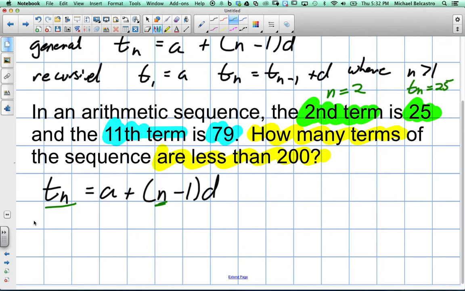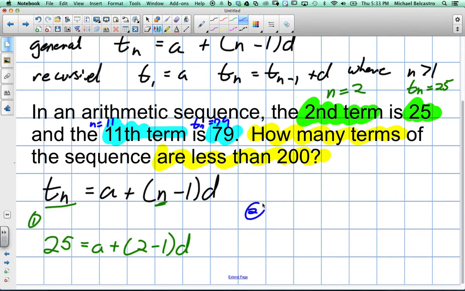So let's write that in our first formula here. I'll call this formula 1. 25, so we replace Tn with 25, is equal to A plus 2 minus 1 times D. In our second formula, n is equal to 11, and Tn is equal to 79.